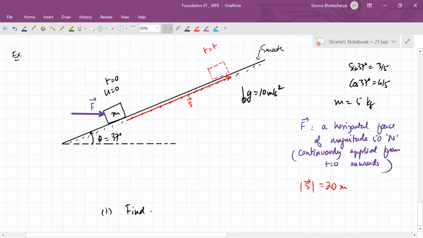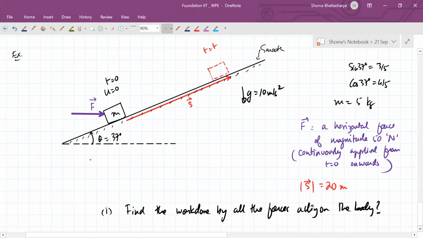first of all, find the work done by all the forces acting on the body. What is the work done by each and every force acting on the body?